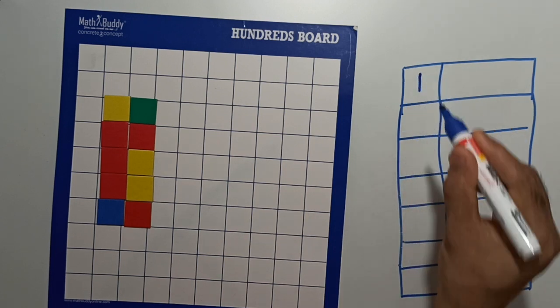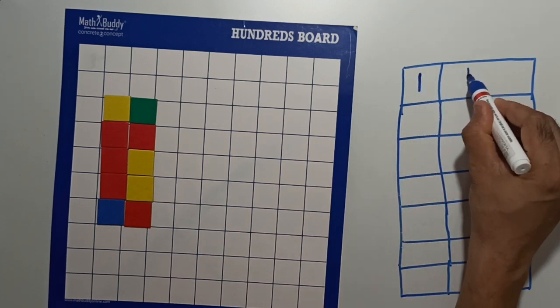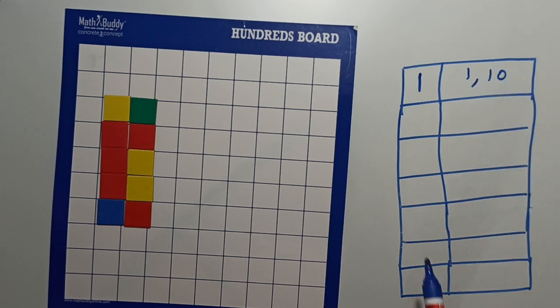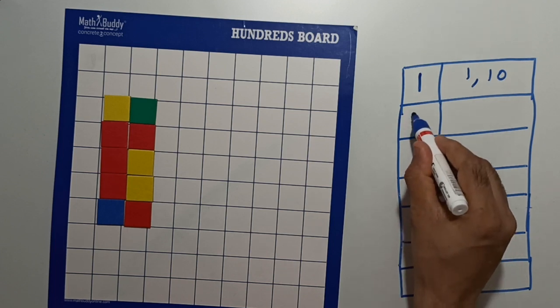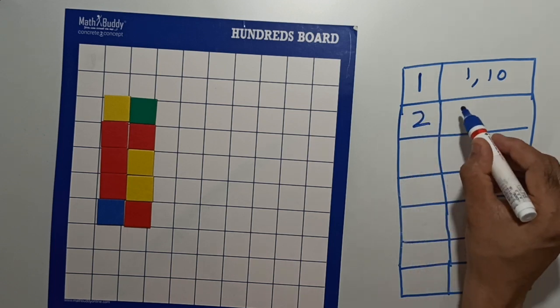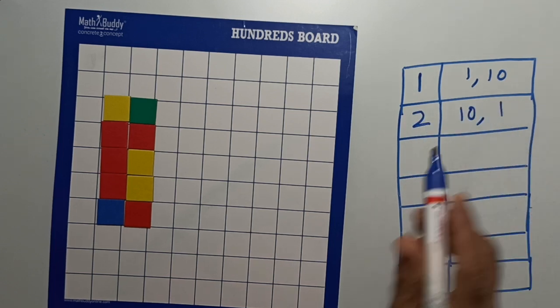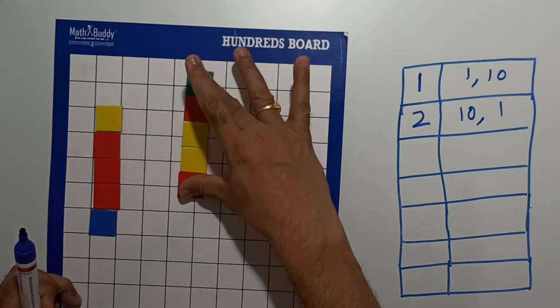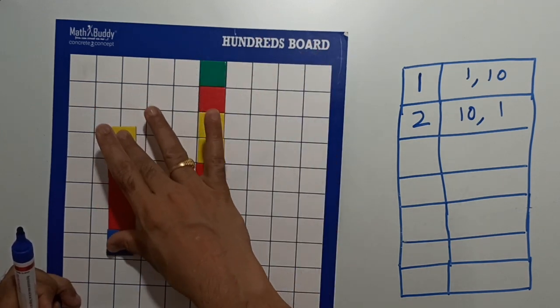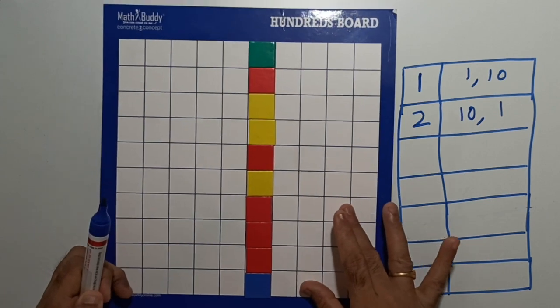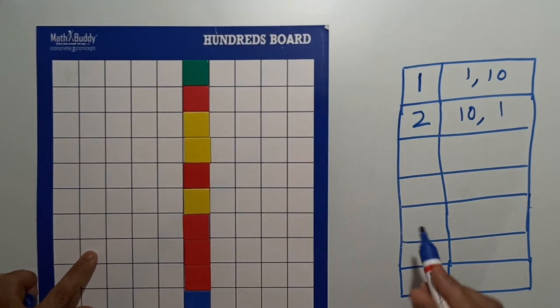The first one was one row of 10 tiles. So we put the number of rows and the number of columns here. What was the second one? The second one was 10 rows of one tile. So it will look something like this, right? This is 10 rows of one tile.